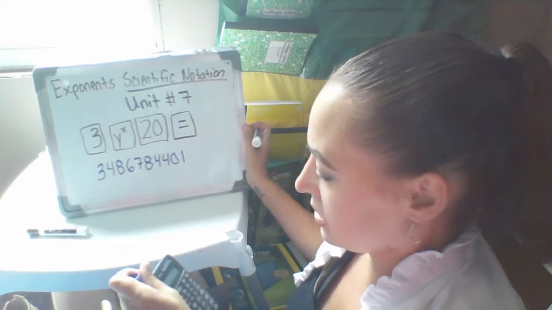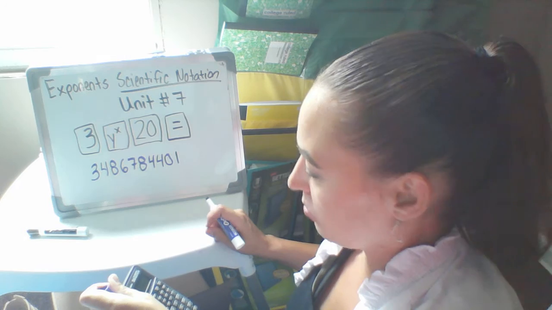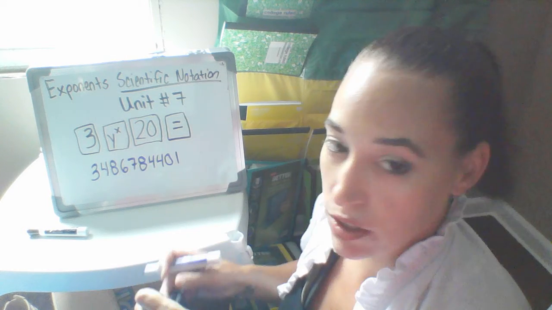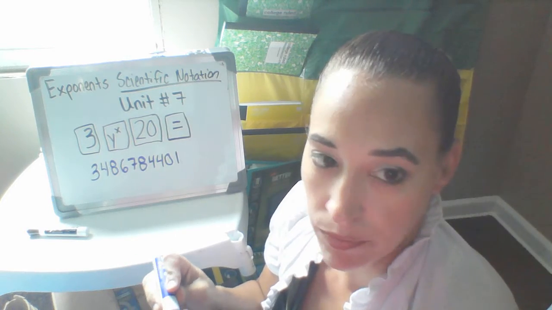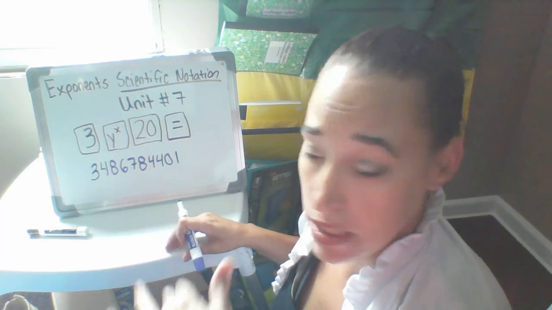Okay, that is our answer. Let me just double check. It's always great to double check your answers. You want to put the commas in. Remember, every 3 numbers you place a comma.